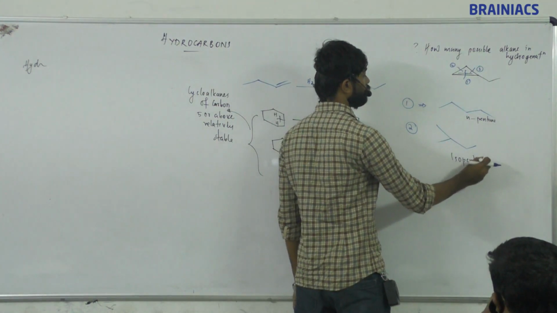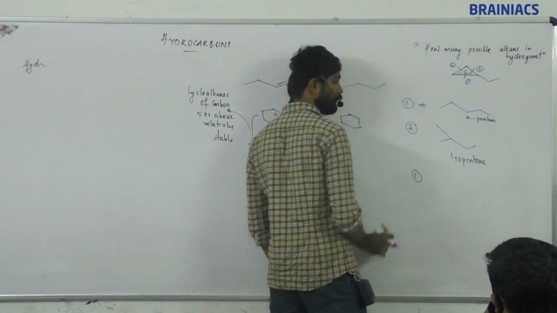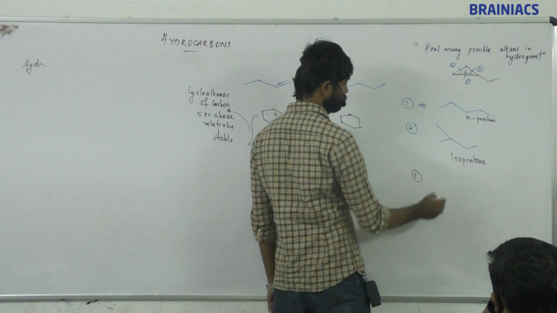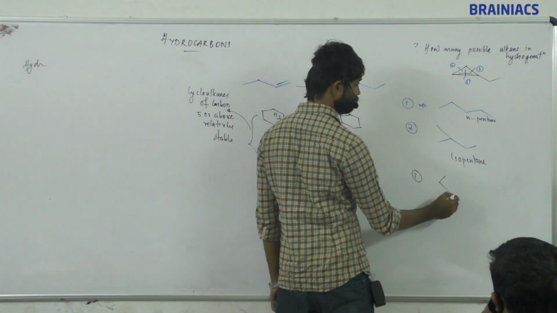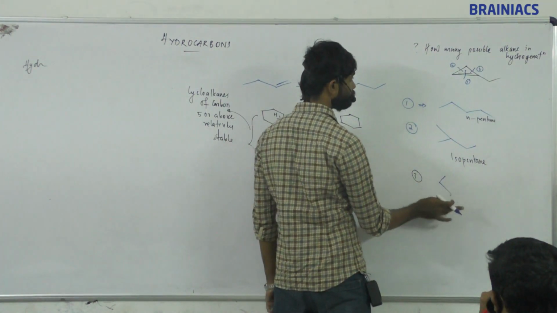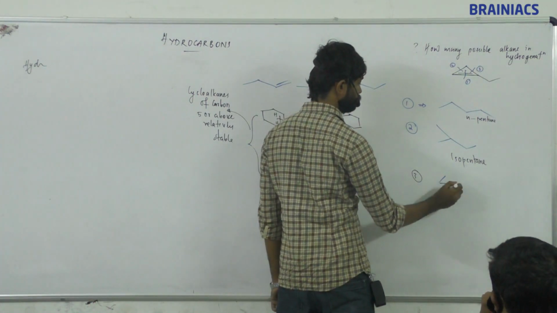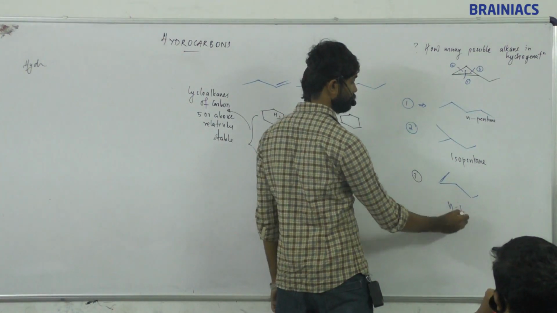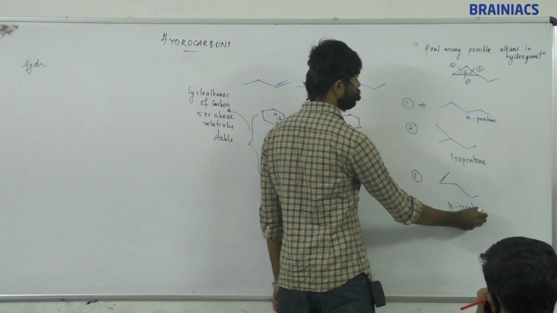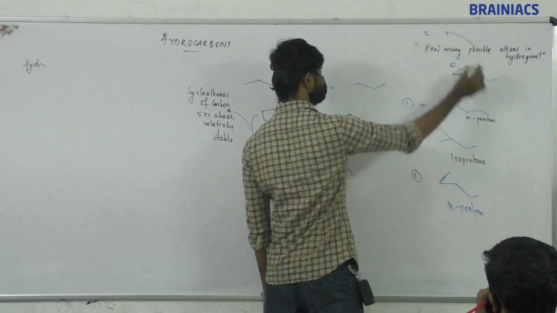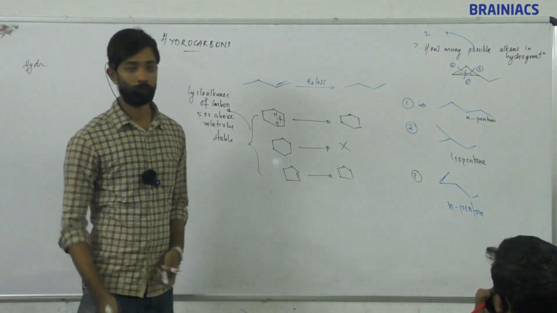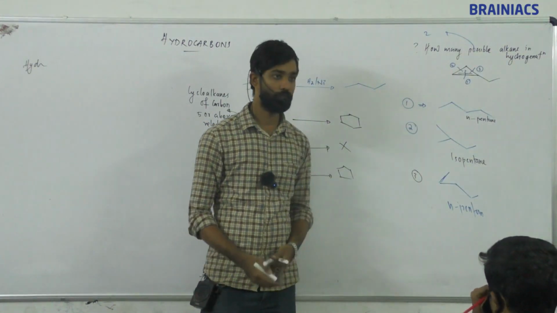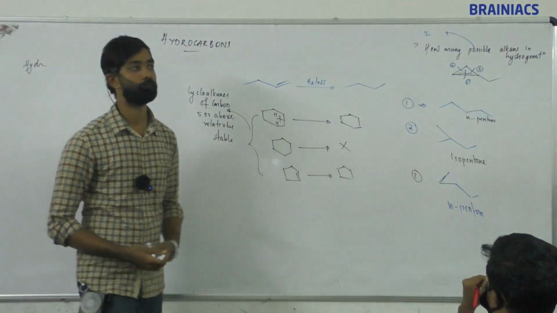Isopentane, or 2-methyl butane. What about the 3? Number 3 is what? This one. This is the very same, normal. So how many products? Okay, because there are 3 chances, right? But 1 and 3 are same. Okay.